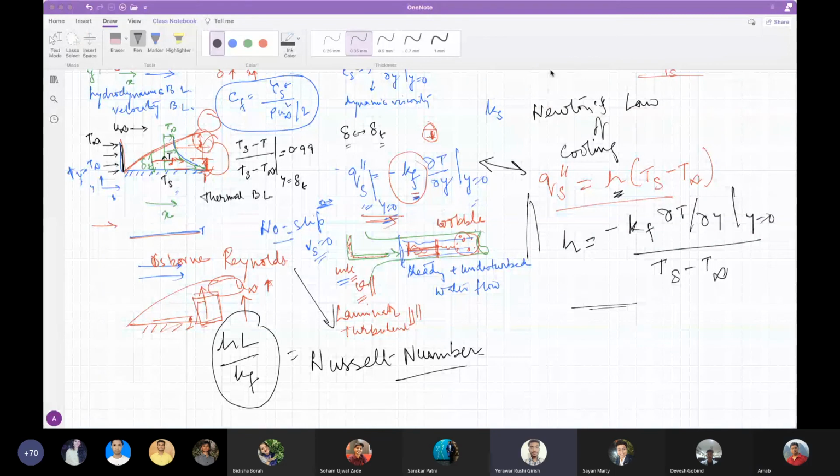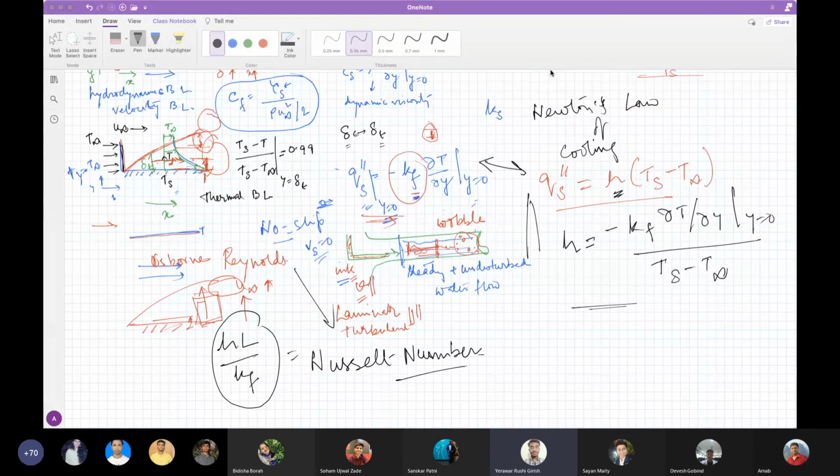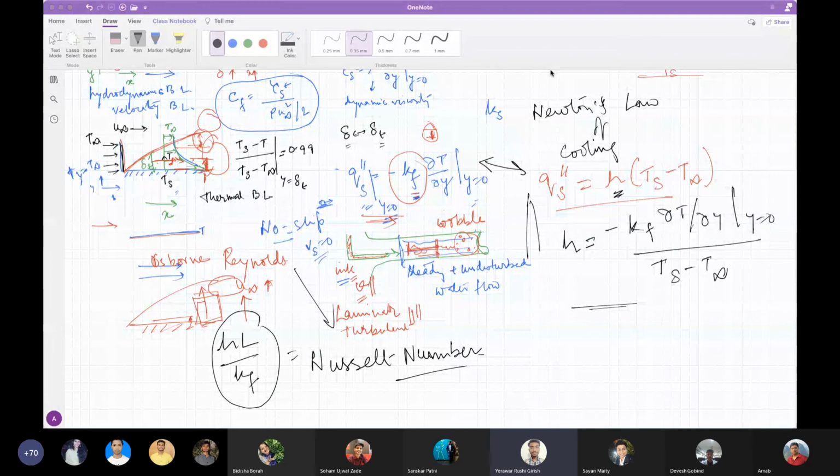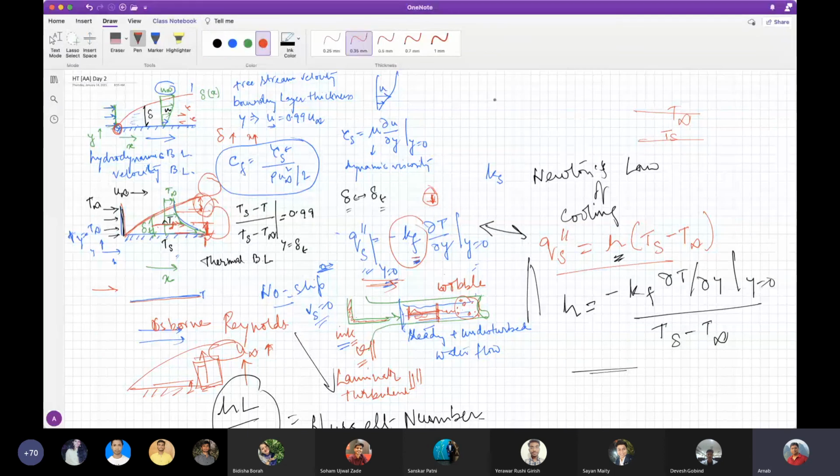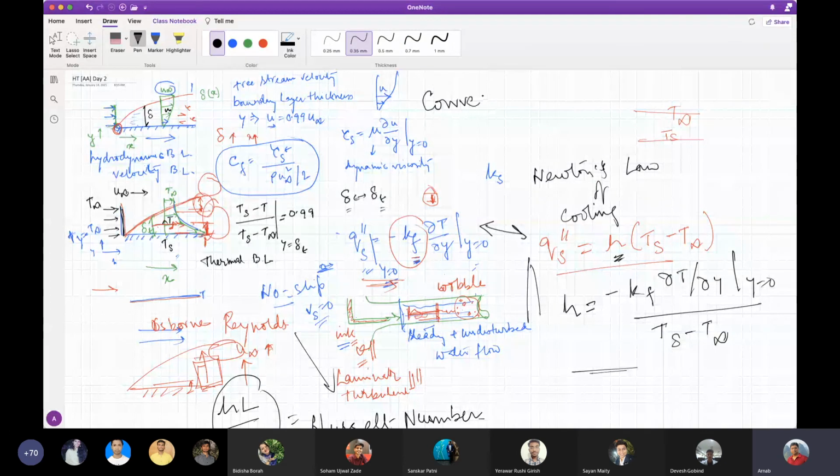Sir, I have a doubt. Yes. Sir, when to call a process advection or convection? It is getting very confusing. Right. This is what I mentioned in the first lecture, and it would be less confusing if you remember this. I write convection, and convection is basically conduction plus advection.